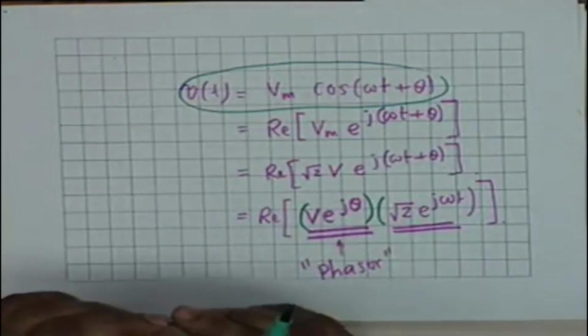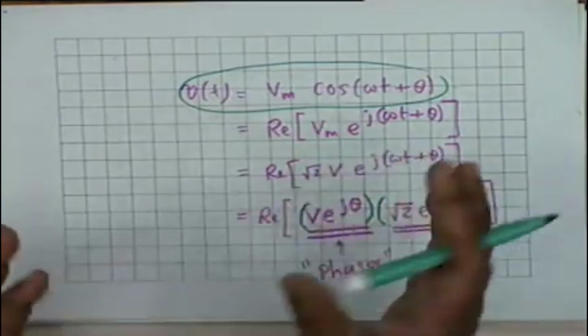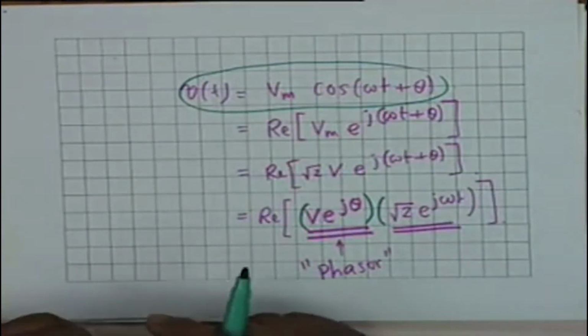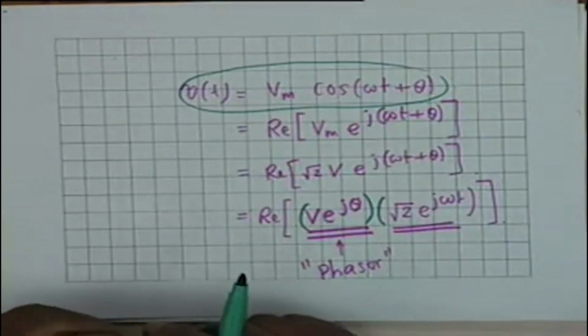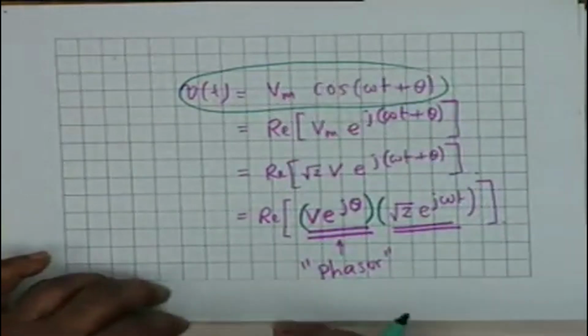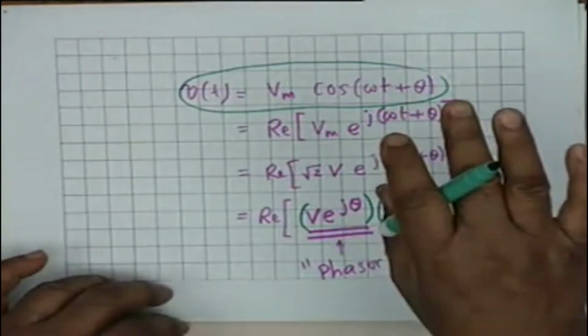So given an excitation which is a voltage or a current, sinusoidal, we shall represent it by a phasor, investigate all currents and voltages in the circuit as phasors, and manipulate only phasors.